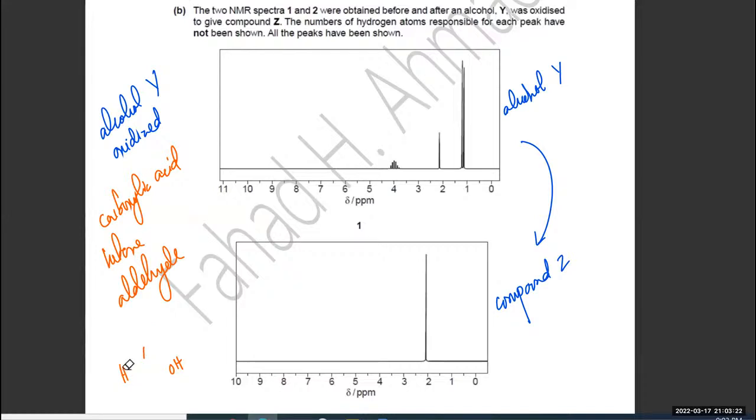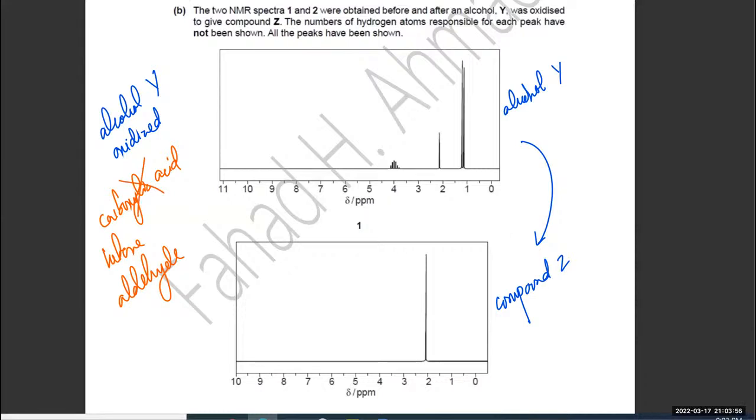So a carboxylic acid is never going to have a single peak. Is that clear? Yes, sir. So I'm ruling out carboxylic acid.